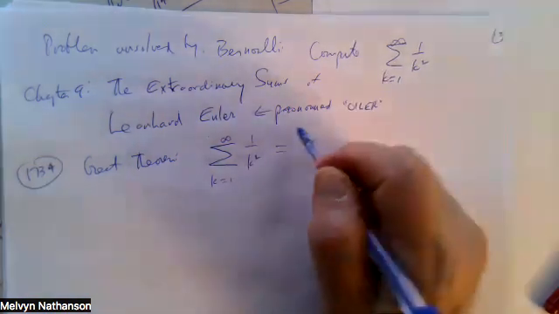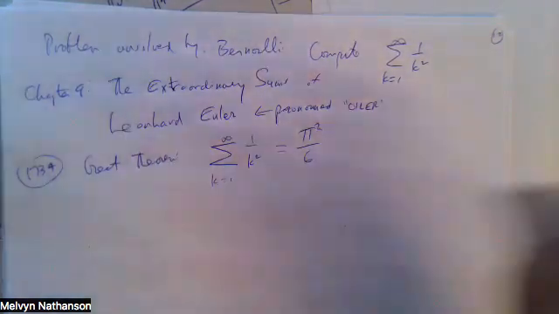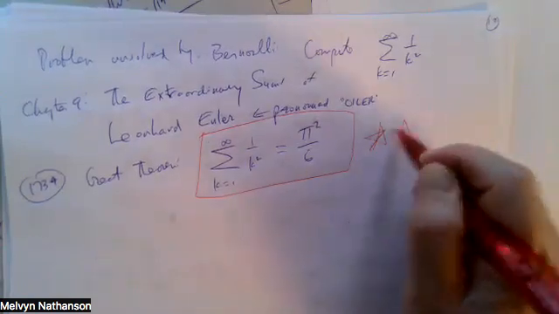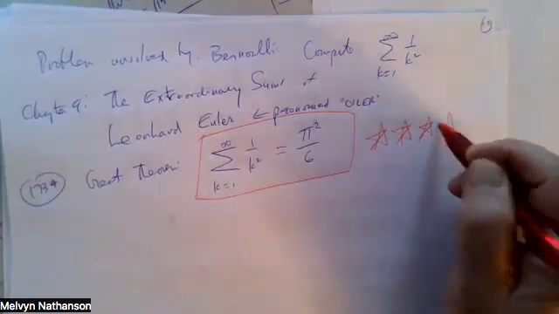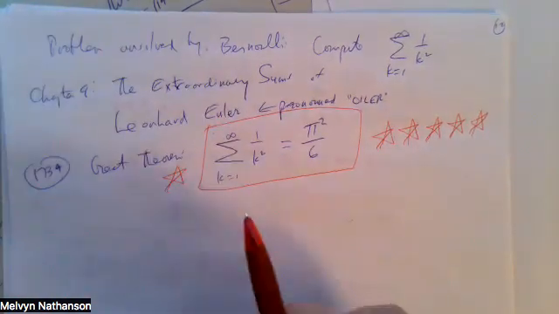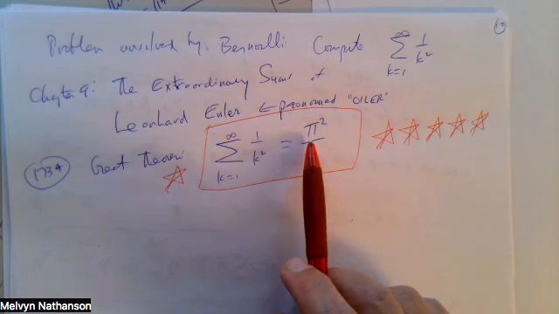But it turns out the sum of this series is pi squared over 6. So this result earns a lot of stars. Pi is 3.14, so pi squared is about 10.